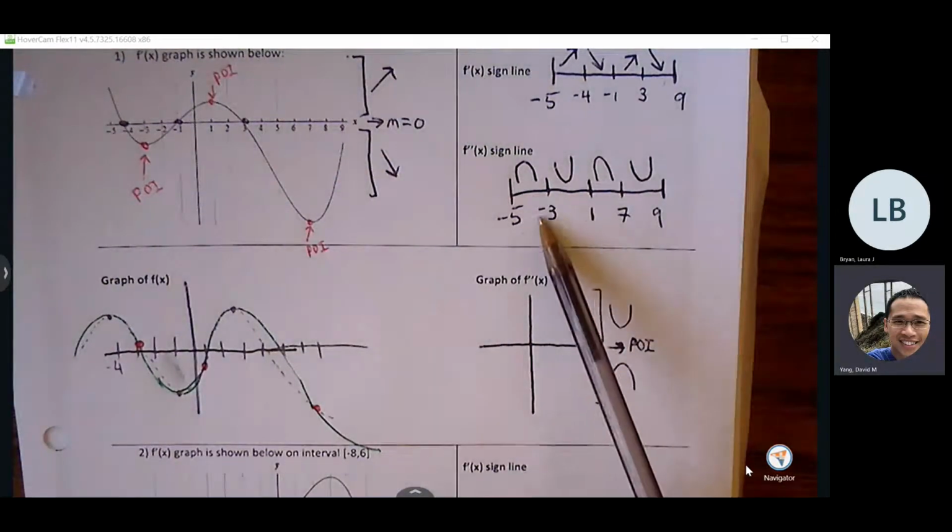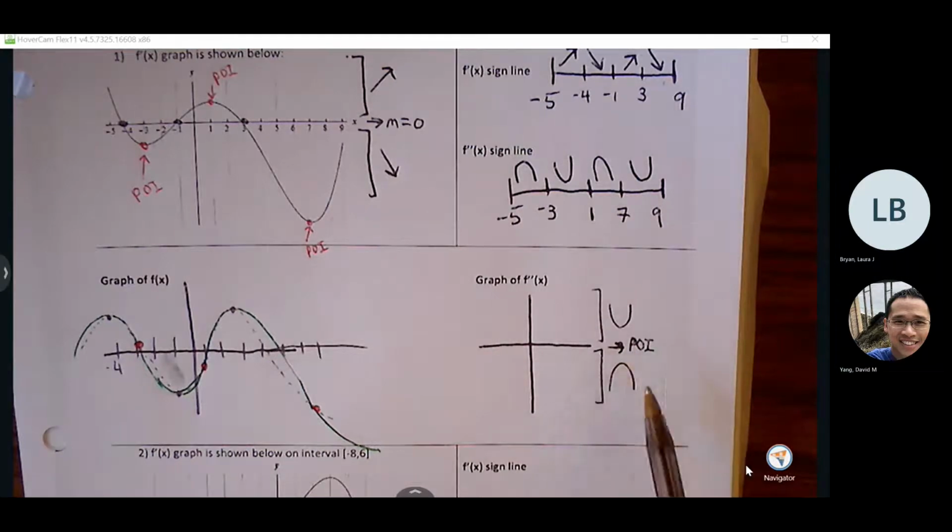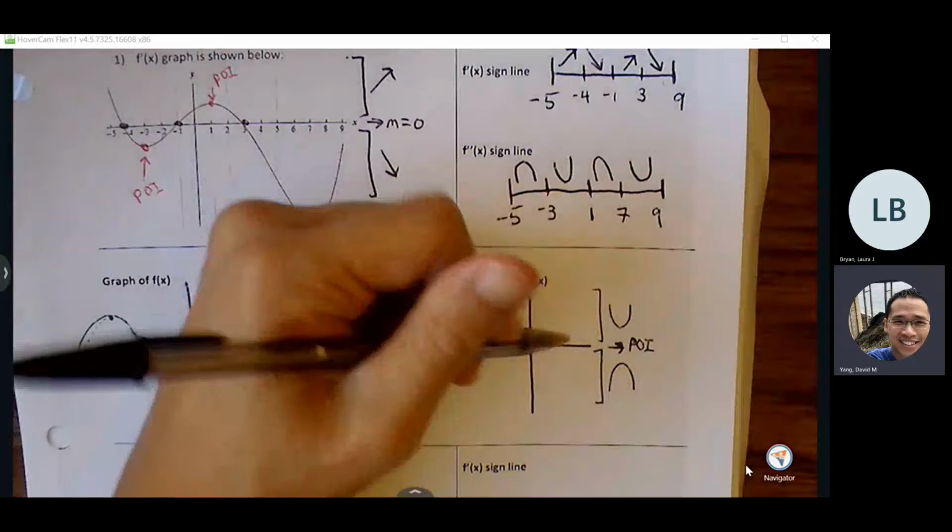Okay, where do we place these points of inflection? Yeah, on the x-axis, yeah.